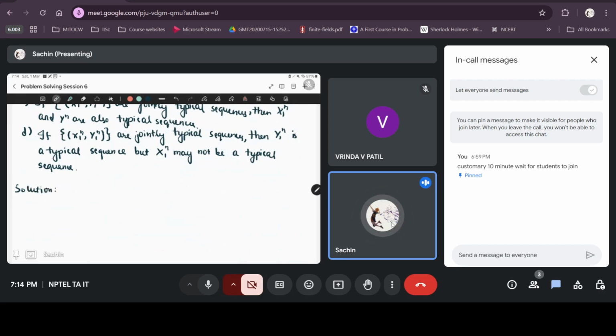This follows directly from the definition of a typical sequence, of jointly typical sequences.